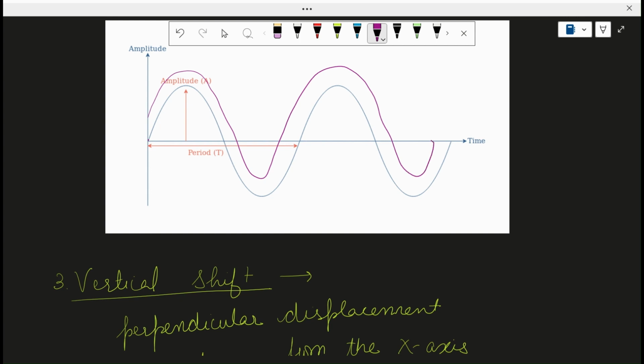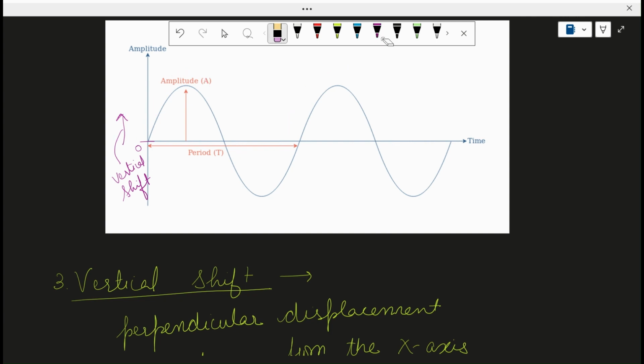So this particular wave started from this very point, and this was the 0 reference. So what will be our vertical shift? This particular displacement will be our vertical shift. So this was our vertical shift.